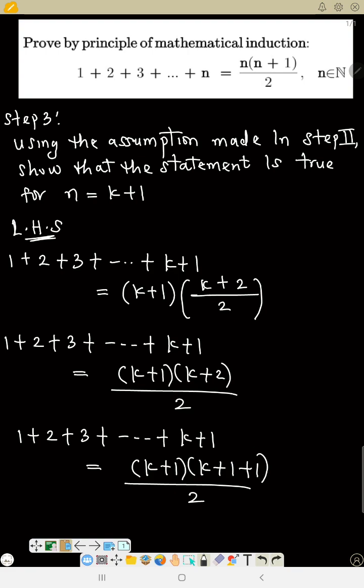So now anywhere you see k plus 1, you can put n back, because you have achieved k plus 1 here.